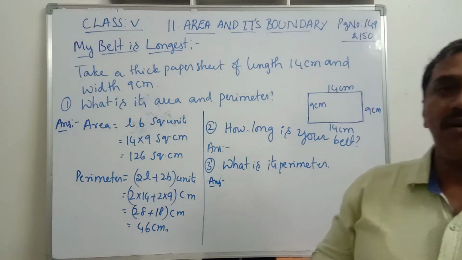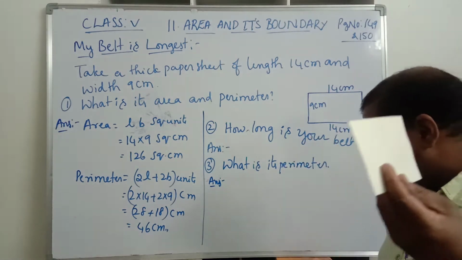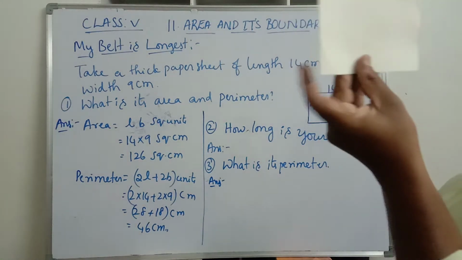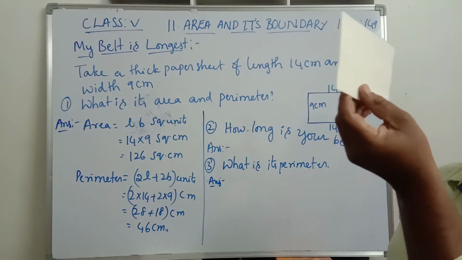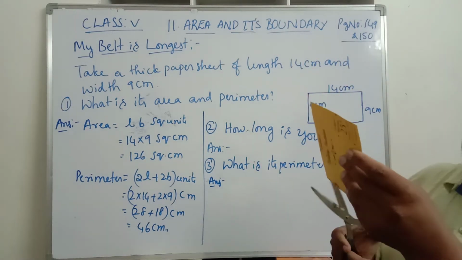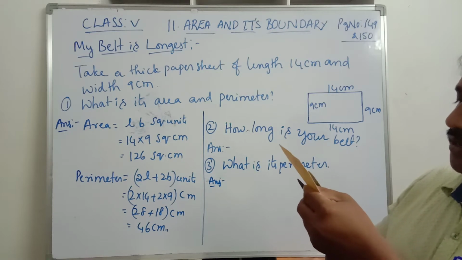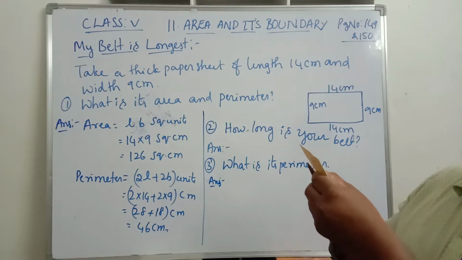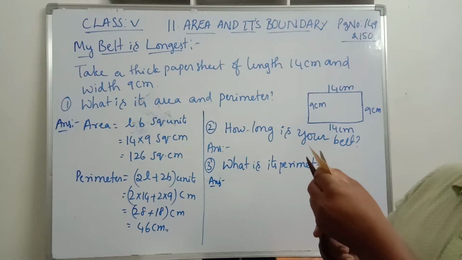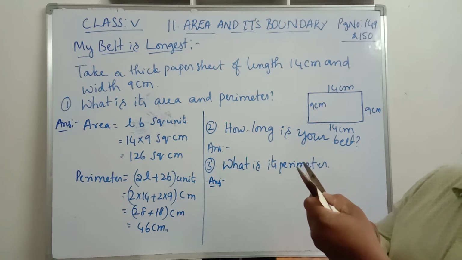Now cut strips of equal sizes out of it. This paper strip should be cut into small strips of equal size. Now I am going to cut 3 equal parts. Then what will be the width of each part, or the length of each part? Do you find any change in the length?